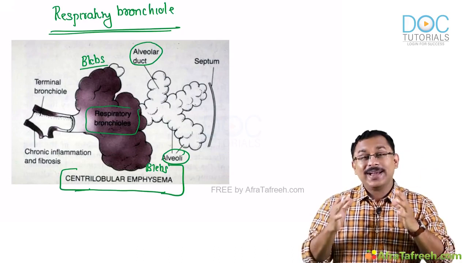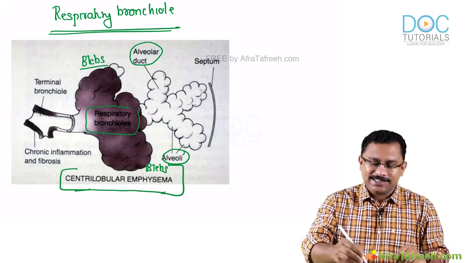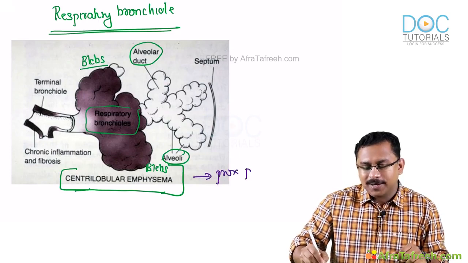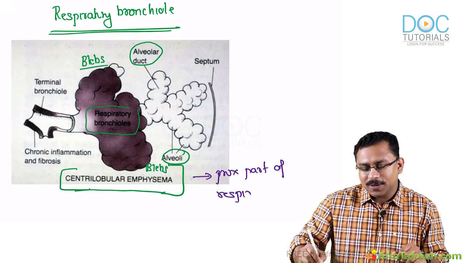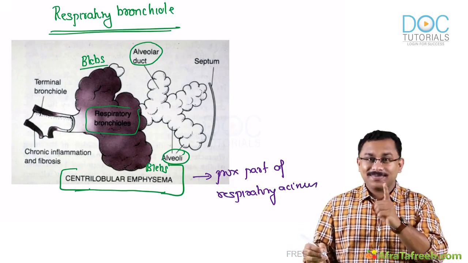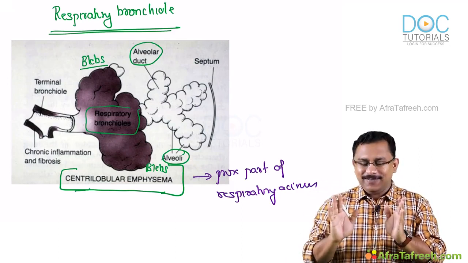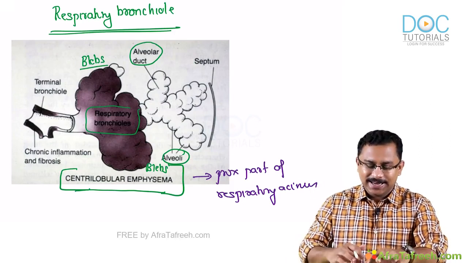So, will you agree with me if I say that in case of centri-acinar emphysema, it is predominantly the proximal part of the respiratory acinus that is involved? Proximal part of the respiratory acinus is involved. Agree with me? Okay. So, the distal part is relatively spared. This is called a centri-lobular emphysema or a centri-acinar emphysema.